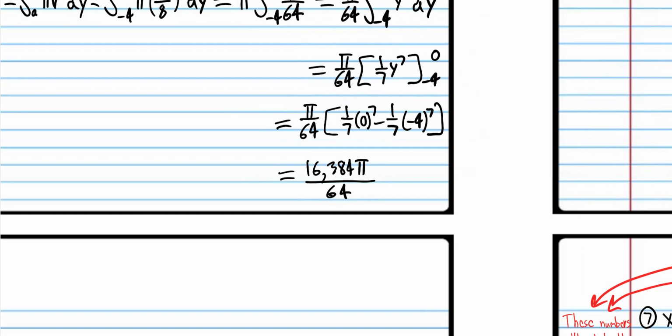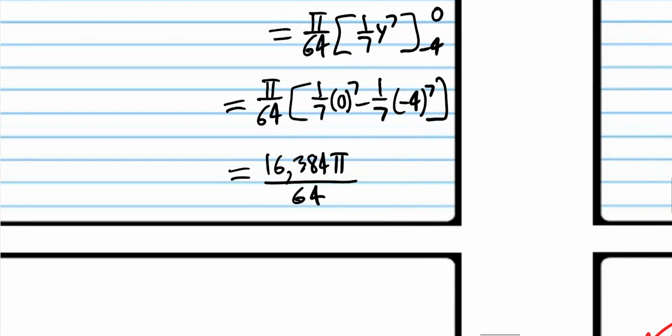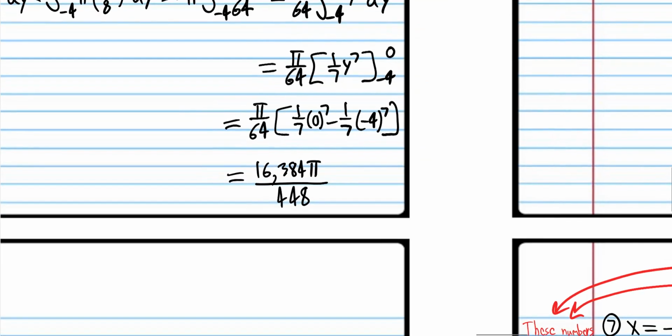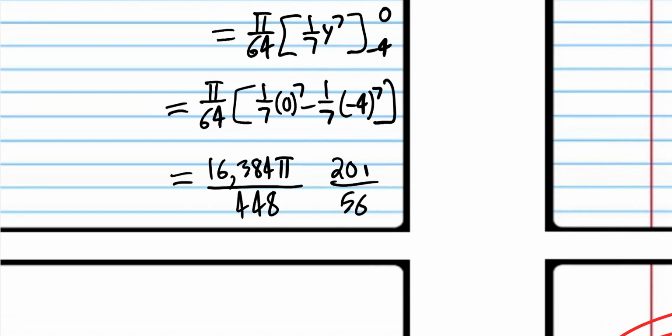But I forgot the 7 down there. So we're going to have to multiply 64 times 7. And that's going to be 448. So this is going to be a difficult thing to divide, but I'm going to try dividing by 8. And that reduces significantly.